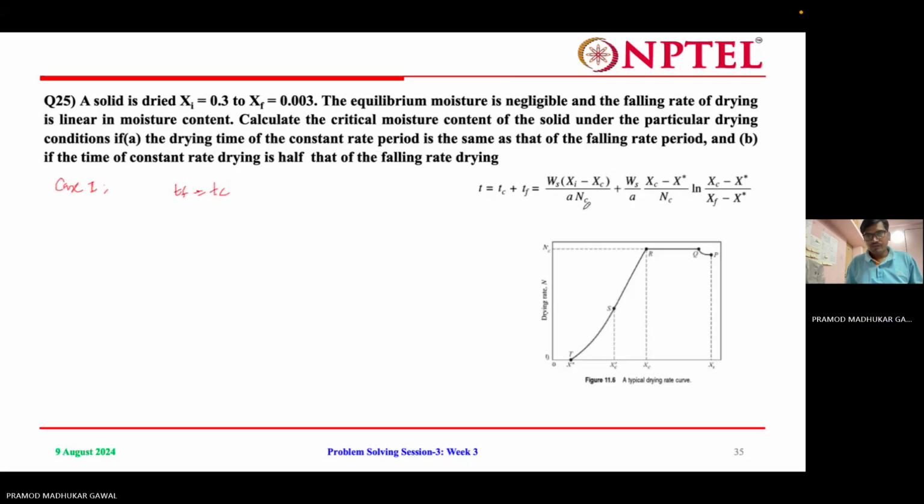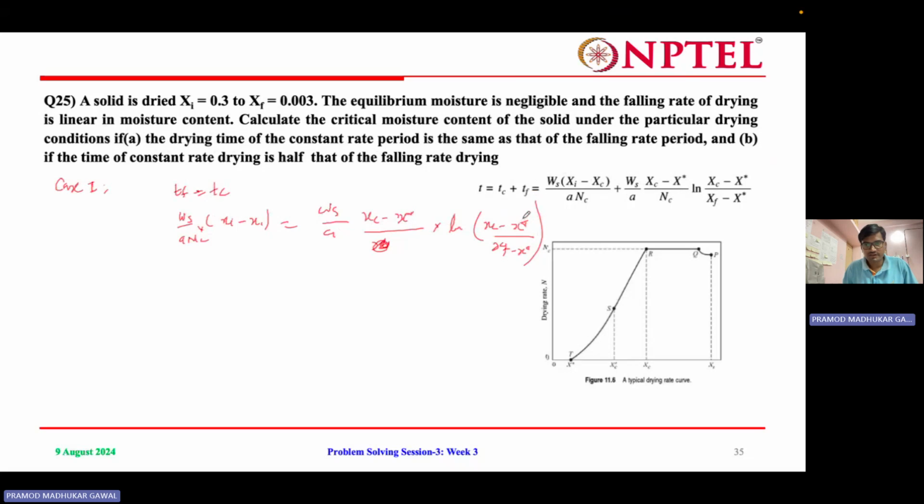So these are equal. Ws divided by Nc into (Xi minus Xc) equals W by A, Xc minus X star divided by Nc into ln((Xc minus X star) by (Xf minus X star)). Here the equilibrium condition is negligible, so these terms get cancelled.